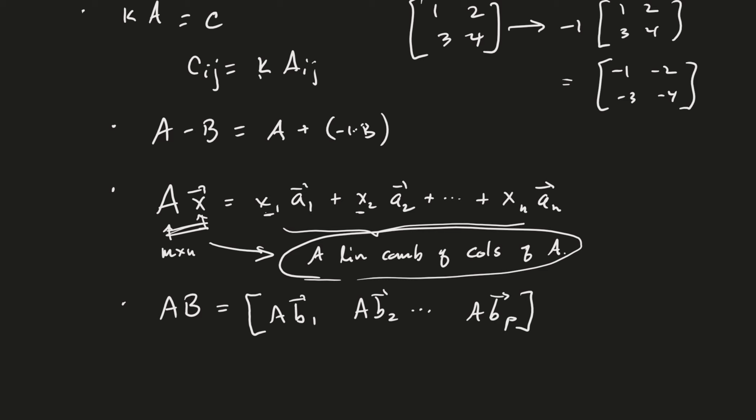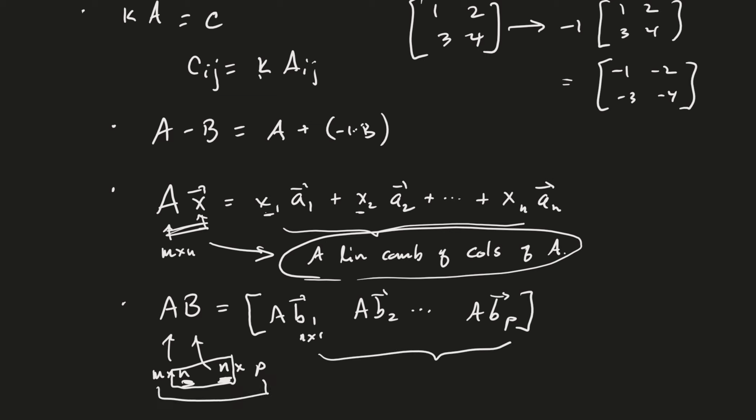Now if A is m by n, the columns of B need to be n by 1, but there can be p of them, so B needs to be n by p, and this number has to match that number. And the resulting matrix is what size? m by p.